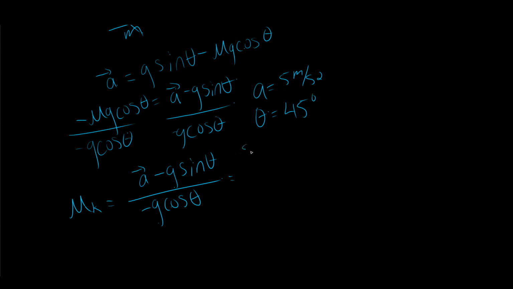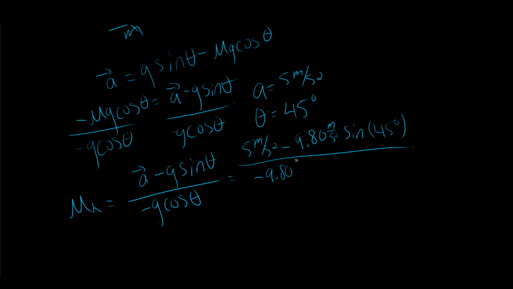So this is equal to 5 meters per second squared minus, I don't know what g value he used, I'm just going to use the universal one, 9.80 meters per second squared times sine of 45 degrees, over negative 9.80 meters per second squared times cosine of 45 degrees.